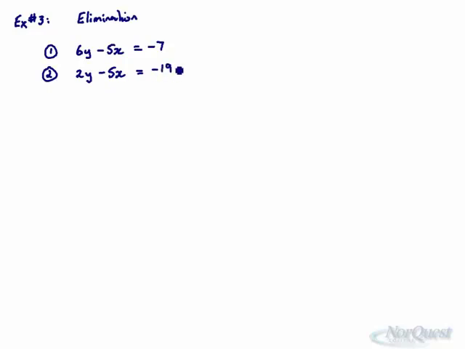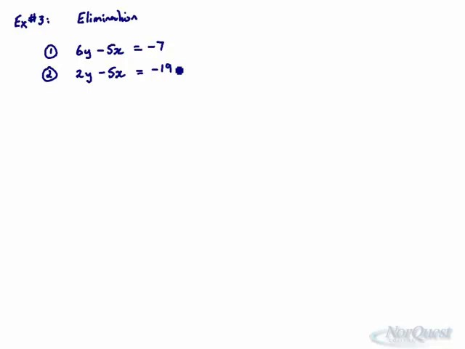The very first thing that you have to figure out is what's the easiest variable to eliminate. And by that, I mean to get to add or subtract to 0. Well, if I subtract the y's, I do not get 0. If I add the y's, I do not get 0.